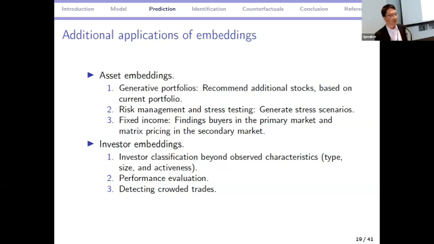We can do stress testing in the fixed income market. We can also compare across bonds or firms and say, in the primary market, can we find buyers for this bond based on what they already hold? We can do matrix pricing for bonds that are not traded in the secondary market and so on. So it's fundamentally about coming up with a richer set of characteristics through the holdings data.